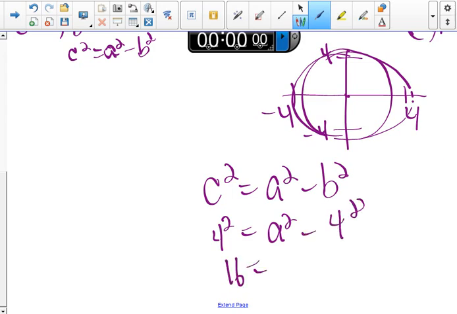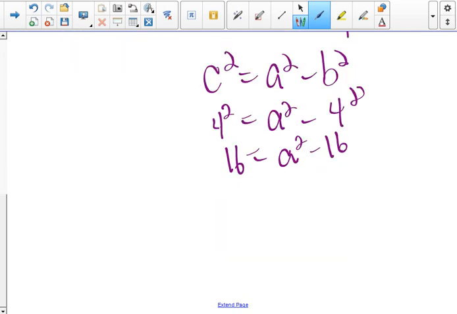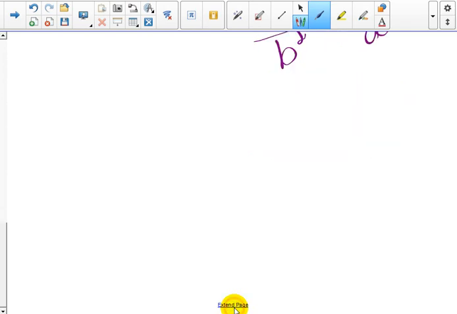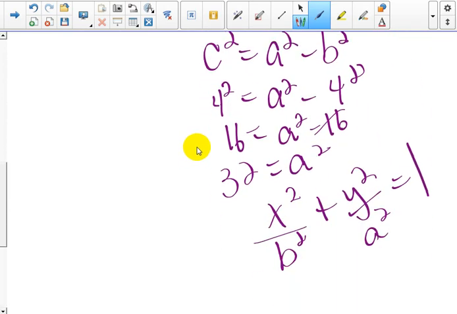So you have 16 equals A squared minus 16. So we're going to add 16 to each side, and then plug it into your final formula. So your standard form is going to be x squared over b squared plus y squared over a squared equals 1. I'll let you finish that out, and we're going to move on.